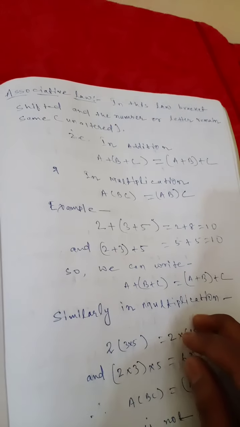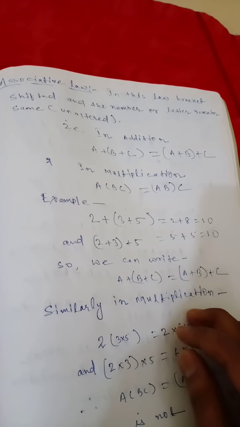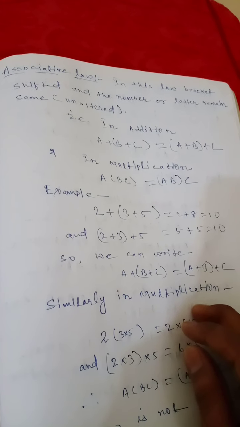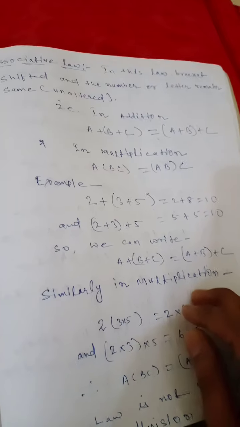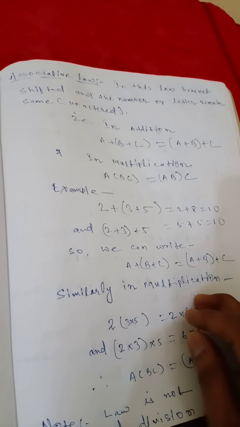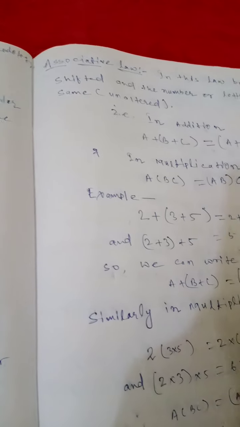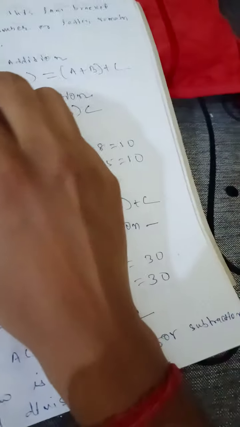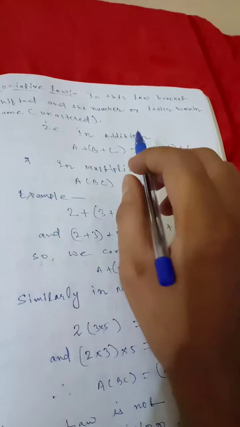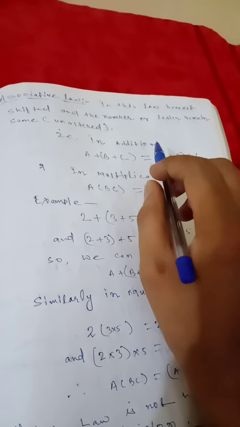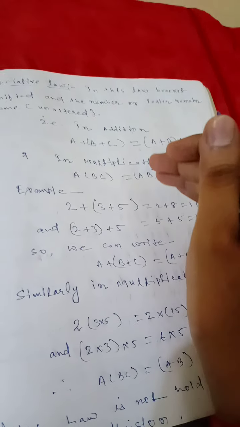Next, associative law. What is associative law? In this law, you have to take 3 numbers or letters. In this law, the bracket is shifted and the numbers or letters remain the same, unaltered.